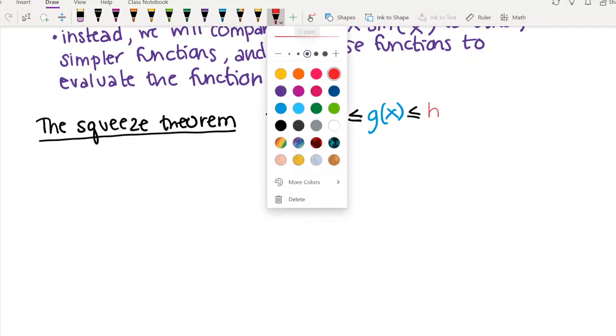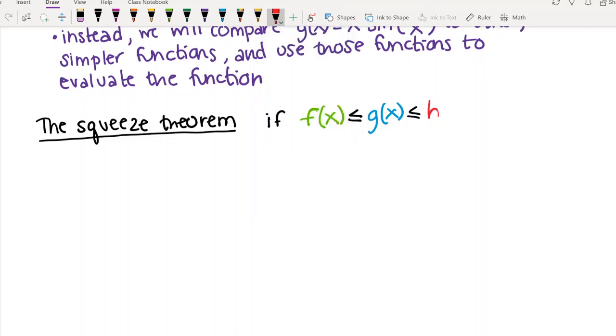Basically we have a function in the middle that is sandwiched by these two other functions.